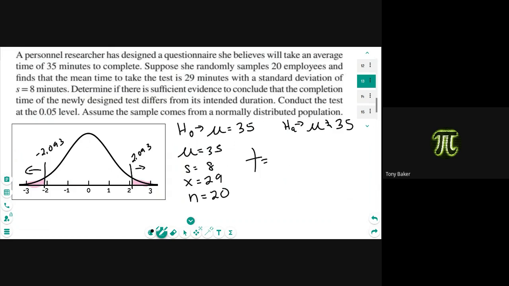I swear they're not all going to be reject. What's the T in this case? Negative 3.3 times 4. Yep. So that's way over here.